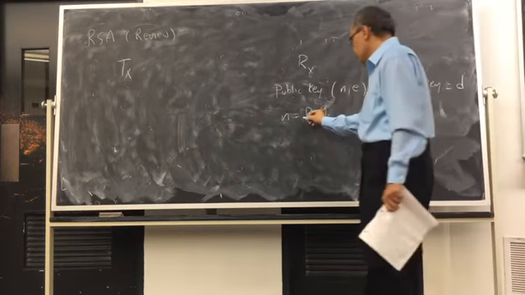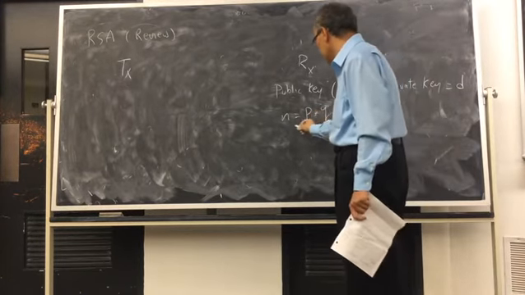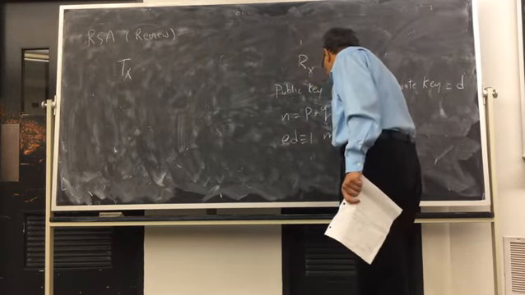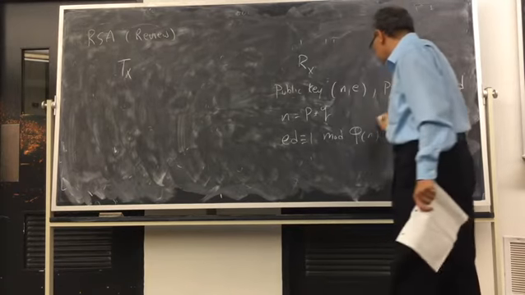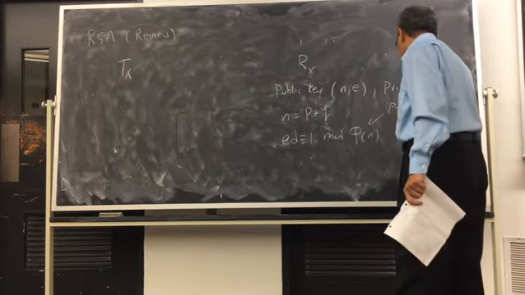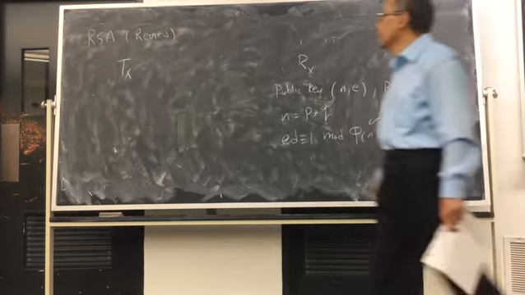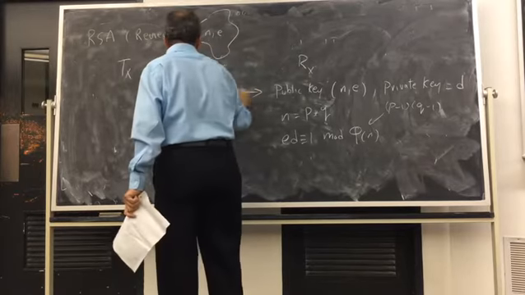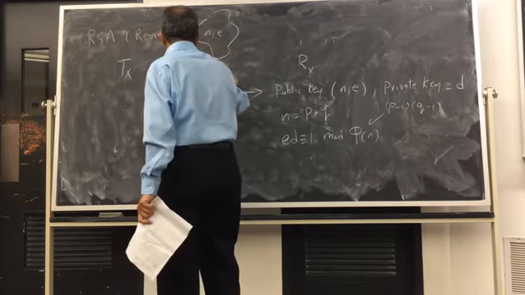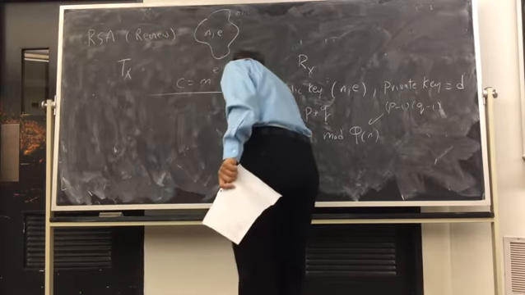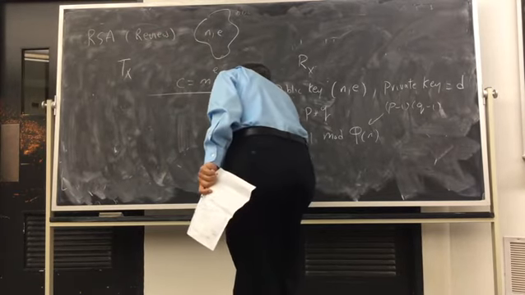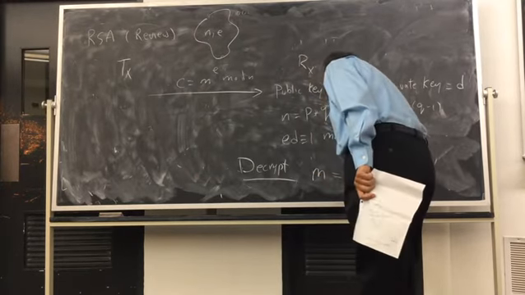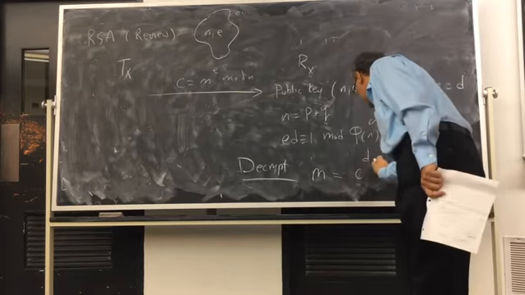N is the multiplication of two large primes, P times Q, and E times D is congruent to 1 mod phi(N), where phi(N) is (P minus 1) times (Q minus 1). The public key N and E is known to everyone. To send a message, I send the ciphertext C equal to M to the power E mod N. To decrypt, I obtain M by raising C to the power D mod N.